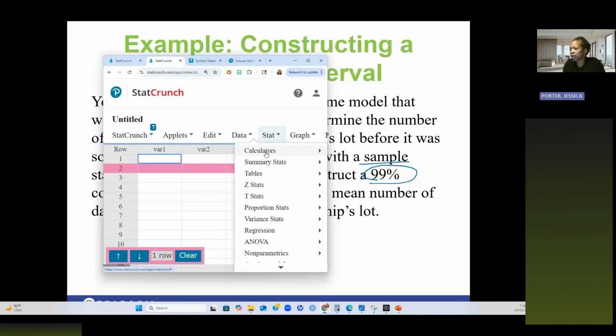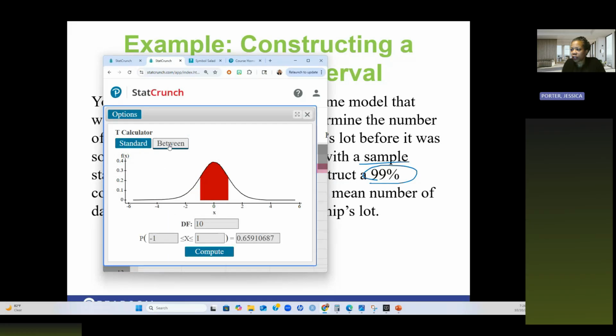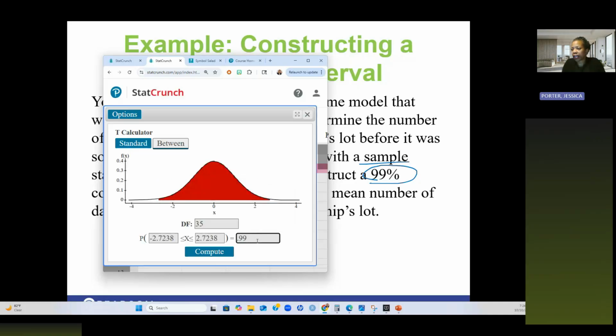So Stat, Calculators, T, go between. Degrees of freedom, our N was 36, so our degrees of freedom is 35, and we're at a 99% confidence interval. So I'll put 0.99. So my T critical value is 2.7238.